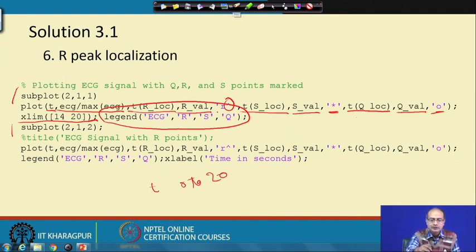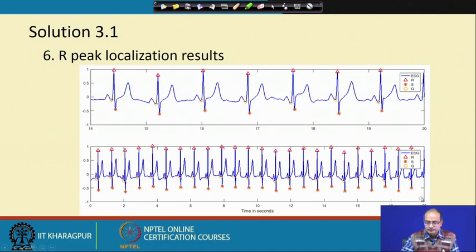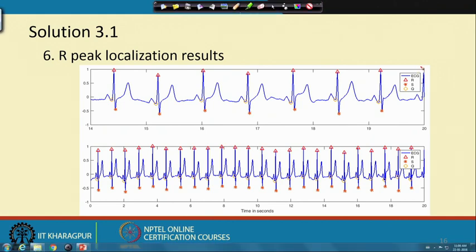So, let us see now how successful we are in drawing that plot. Okay. So, let us first look at the legend here. ECG is drawn with a blue pen, it is given here.